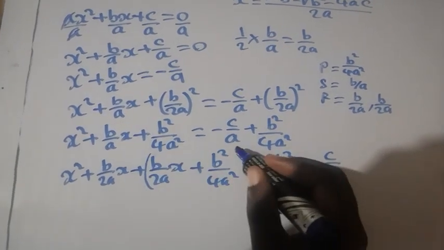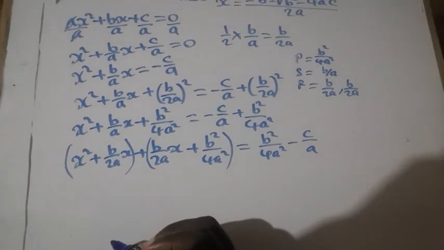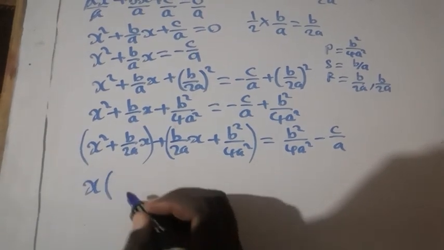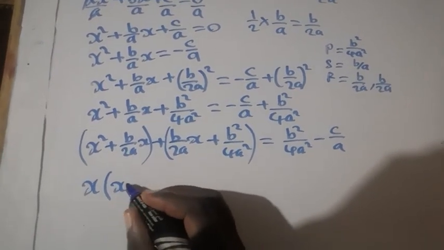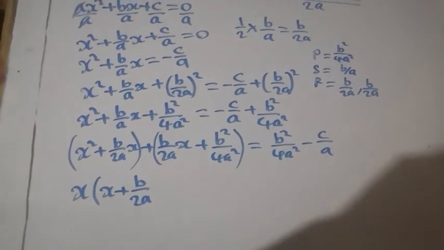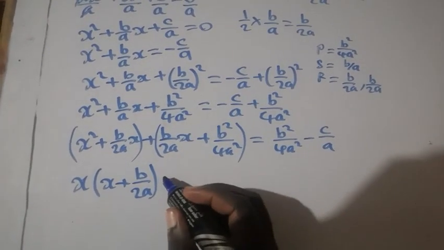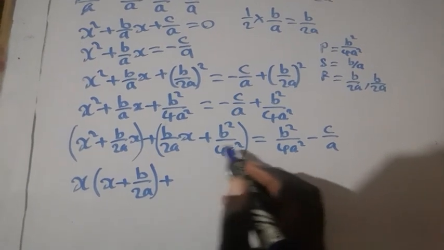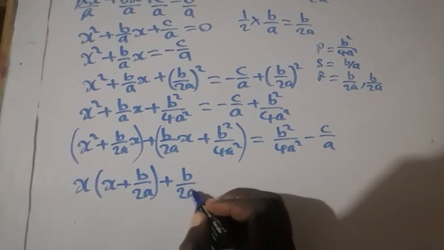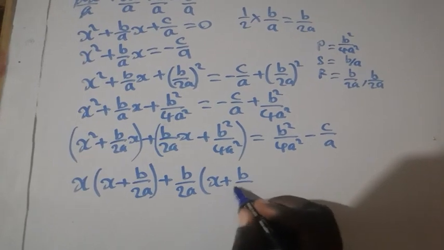On the left hand side, we are going to factorize. The common factor here is x, so x out will remain with x plus b over 2a, plus the common factor b over 2a, and we shall remain with x plus b over 2a.